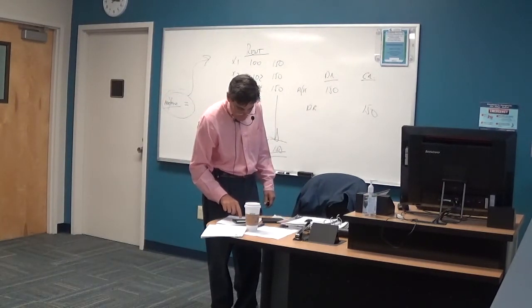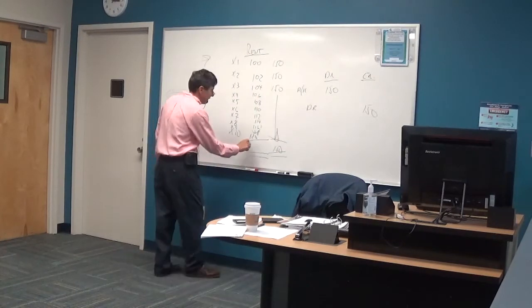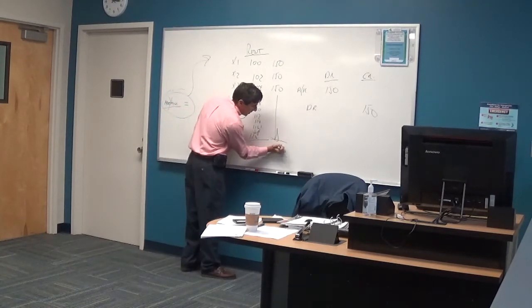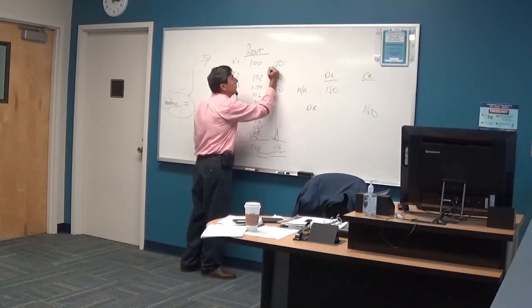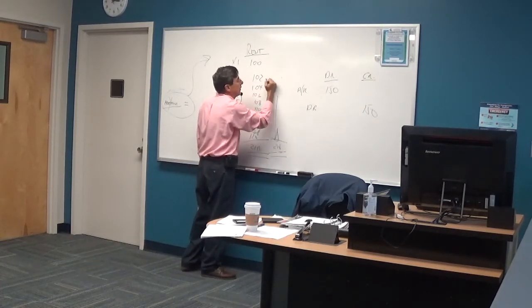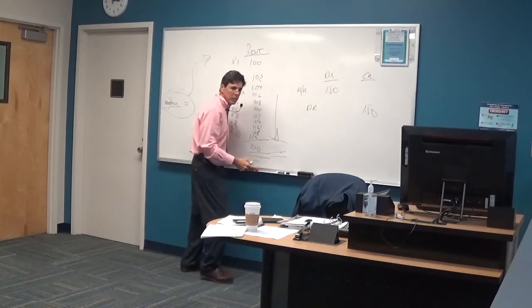Zero plus 2 plus 4, 6, 8, 210. It's 210.